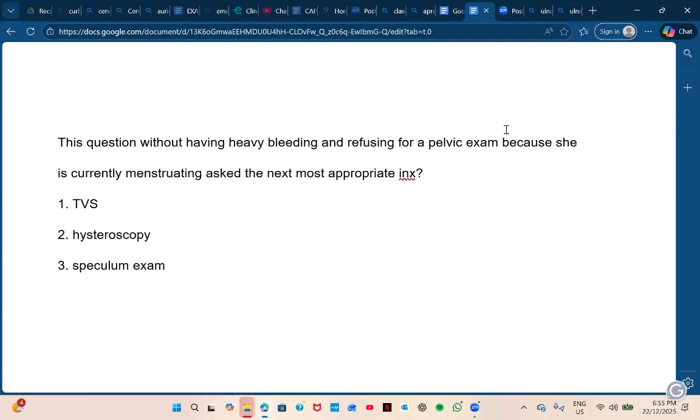But according to this, we need to do the pelvic exam, but the patient is refusing due to menstruating. So in that case, what can we do? TVS, hysteroscopy, this is transvaginal ultrasound, or speculum examination. So what do you think?